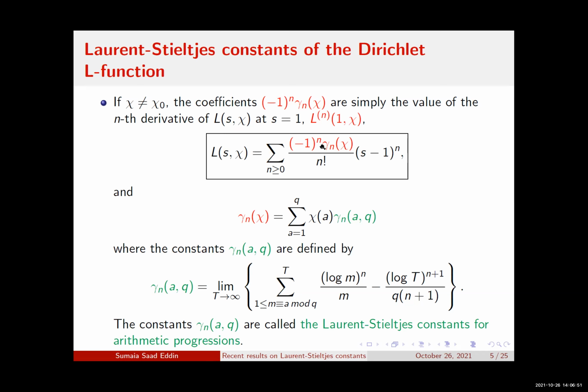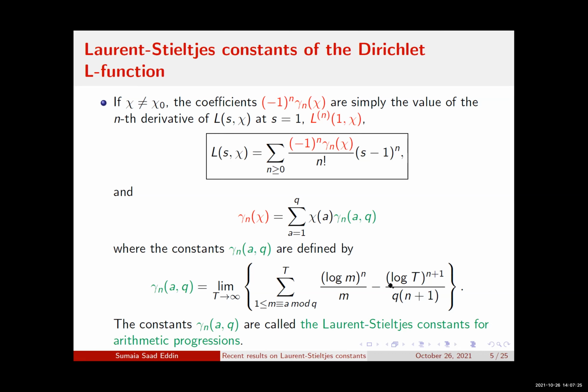Here we use the same notation, but gamma n chi means the n-th derivative of the L-function at s equals 1. This is an important formula, and it shows that the study of the n-th derivative of the L-function at s equals 1 is closely related to the Laurent-Stieltjes constants for arithmetic progressions.